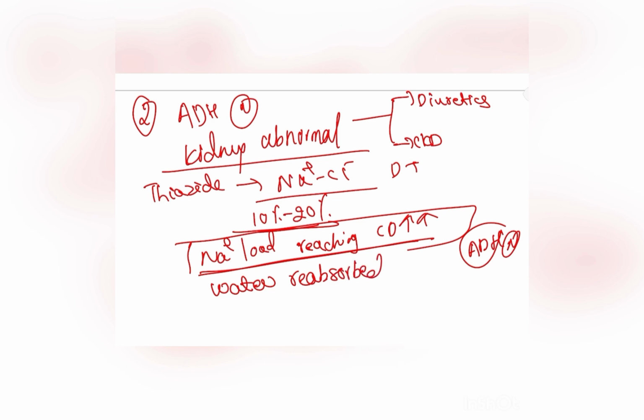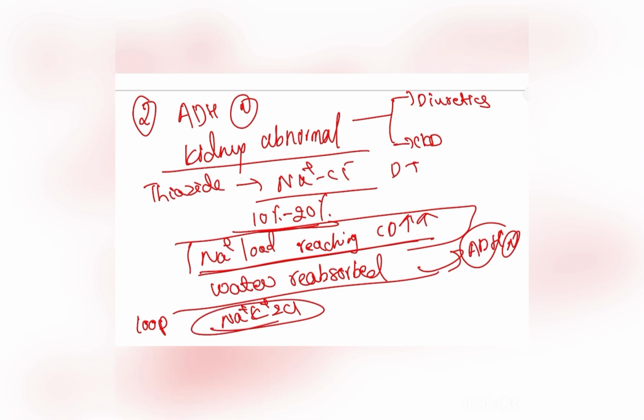So excess water is reabsorbed by ADH, resulting in hyponatremia. However, loop diuretics, which act on the sodium potassium two chloride channel, do not cause that much hyponatremia as compared to thiazides. This is because when loop diuretics are given, they interfere with the medullary osmolality of the nephron.